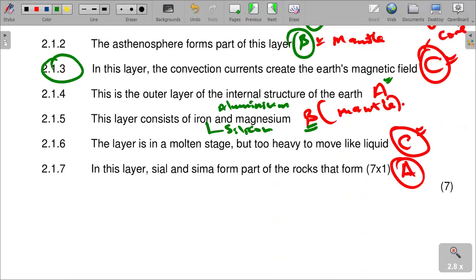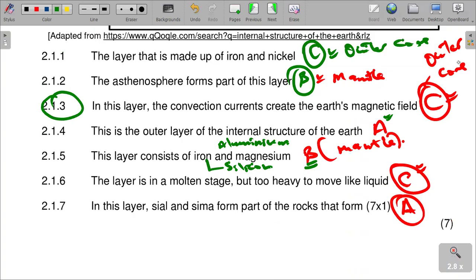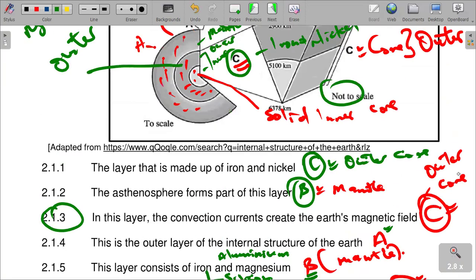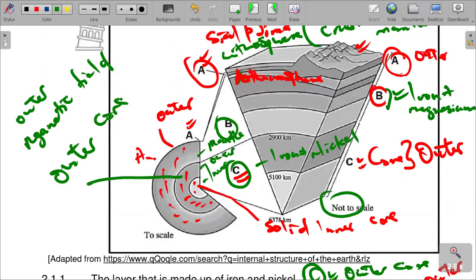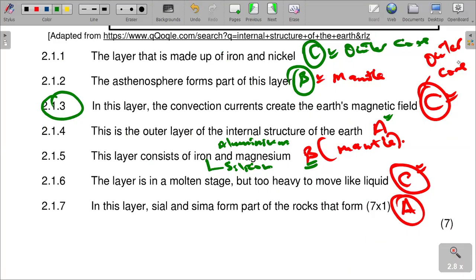And then we have the layer that is in a molten stage but is too heavy to move like liquid, which is layer C. It is actually molten, but too heavy to move like liquid. It is layer C again.